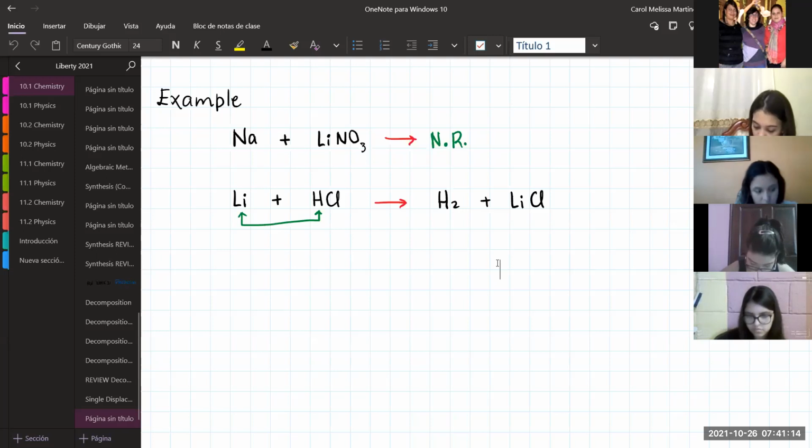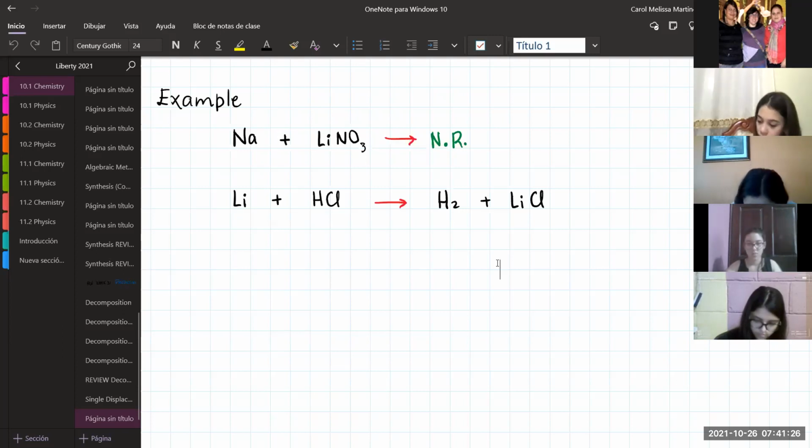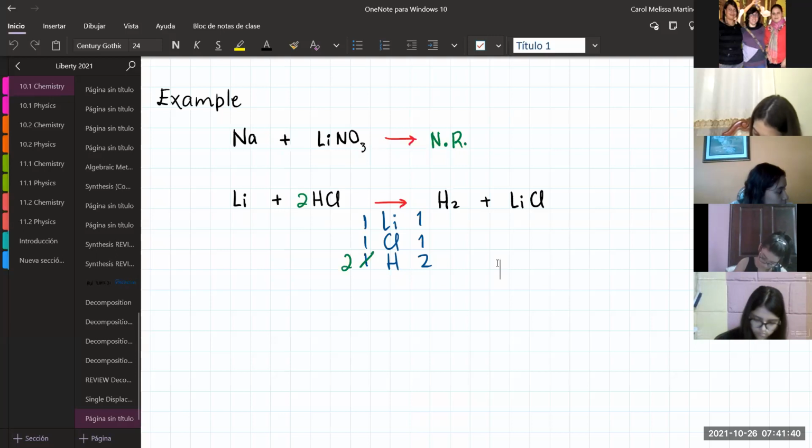Lithium has a charge of +1, chlorine of -1, so that means that they're going to cancel. And what you do after is check if the equation is balanced. If not, you do the balancing process. I place 2 right here, but it also changes my chlorine. Put 2 right here, and I put 2 right there.